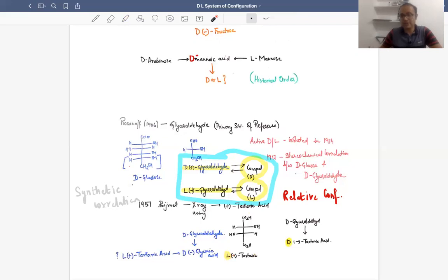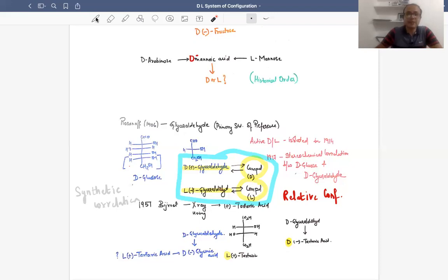Your levorotatory is D configured because we were able to synthesize it from D, so this dextrorotatory would be L configured. So we were able to successfully assign the tartaric acid the D and L configuration based on the relative configuration of the D-glyceraldehyde.